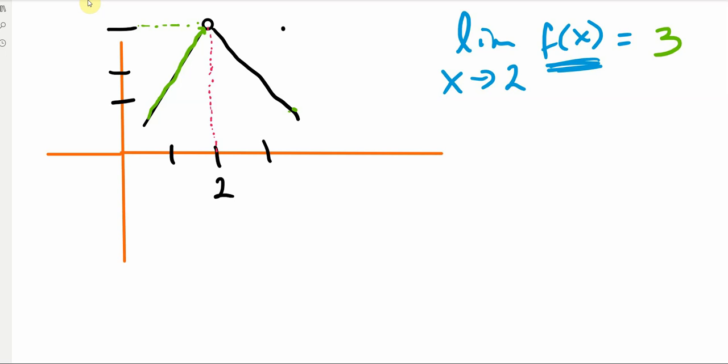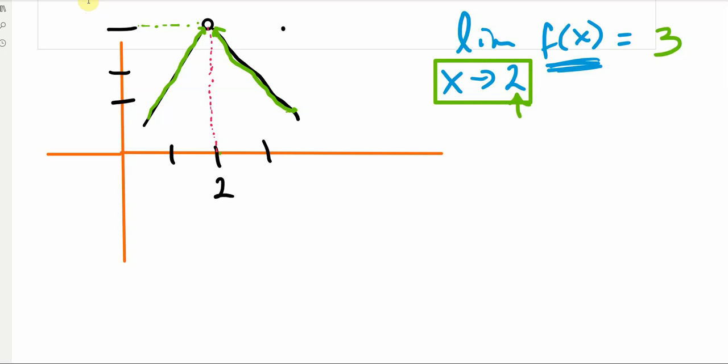Remember, I'm approaching 2, so that means that I'm coming from the right. Where's this graph approaching as I'm coming from the right? Well, my graph is approaching this hole also from the right. So that means that my limit is going to be 3. And that is the definition of a limit. What y coordinate is my function approaching as x approaches this certain value right there?